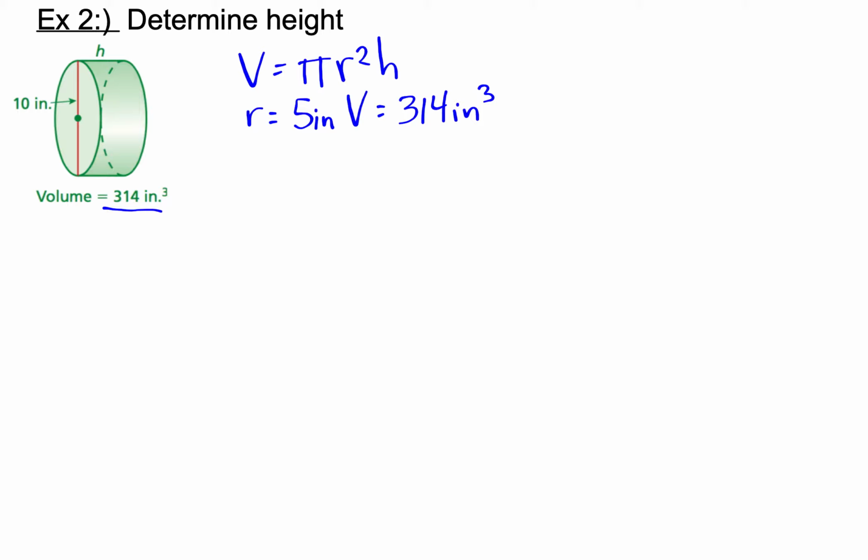Then we plug in the information. We don't know the H, so we're going to leave it alone. For V, we plug in 314, and then pi times 5 squared times H. Maybe I'll change the color of the H here to point out we do want to know what H is. We're going to have to solve for H. And in order to get H by itself, we've got to divide by all of this stuff. A couple of ways you can go about that. One way, go ahead and calculate on your calculator pi times 5 squared, and that comes out about 78.54.